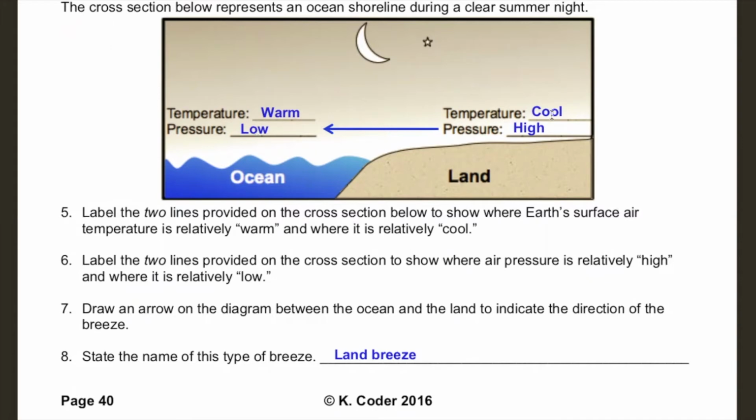Over here, cold things sink, and if air is sinking on top of me, pushing down on me, that's high pressure. Winds always blow from the high to the low, so that would be a land breeze because it's coming from the land. So if you ever wondered why the beach is so windy, well, that's why. Now you know.